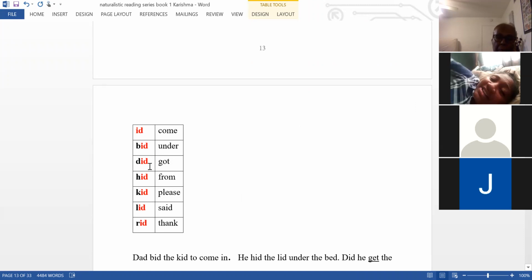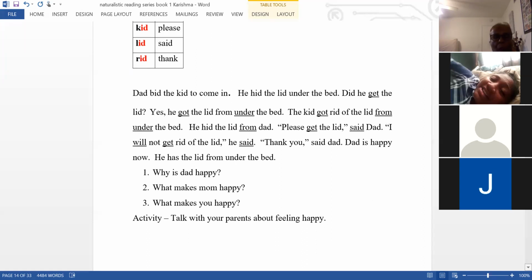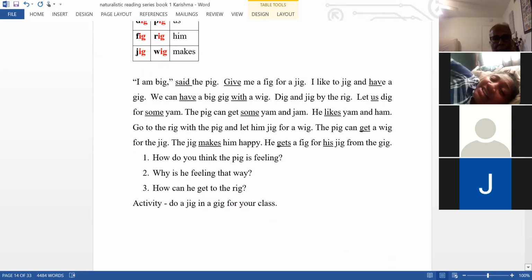And I deliberately put the two together, D and B, B and D, so they have learning at the same time the difference with B and D. If we look at this lesson, it has get, kid, dad, bed. So you have some sounds from previous lessons included in all the lessons.